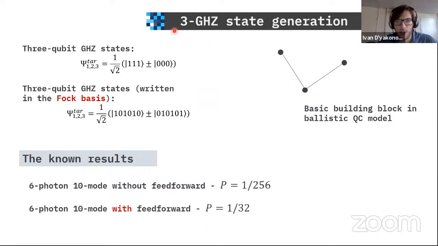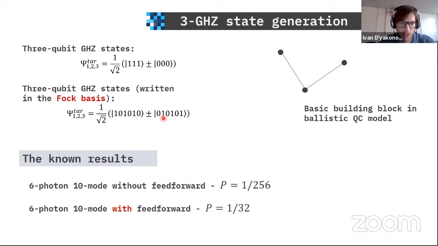So what we have done in our recent work is looking for circuits of 3-photon GHZ state generation. So in the 3-qubit basis, the GHZ state is written like this. When you rewrite it in the Fock basis, defining 2 modes for each qubit, it will look something like this.